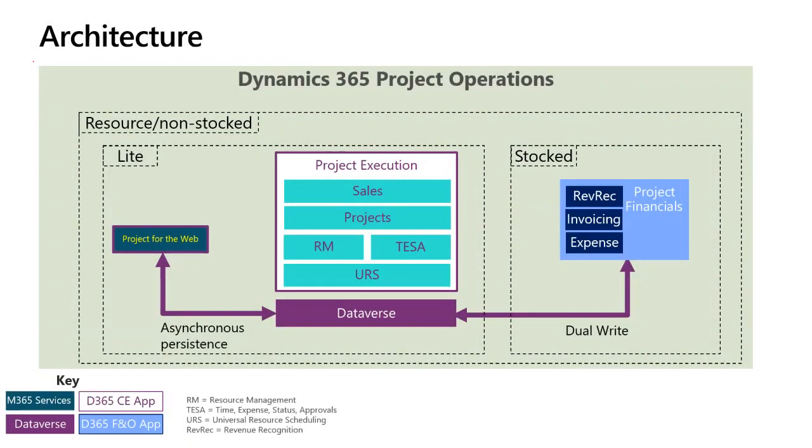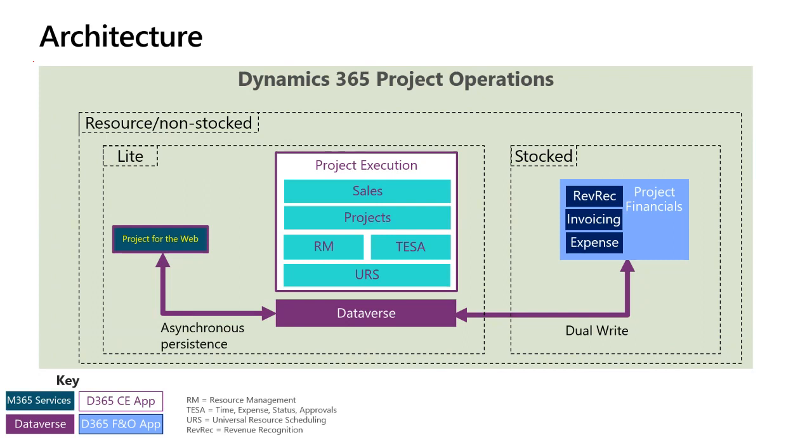You're probably quite familiar already with this diagram that shows the three deployment types as well as the components that are part of each one. As mentioned in the beginning, we won't be going into details, but it is worth reminding everyone that the light version of project operations makes use of Dataverse only and wraps up the Project for the web engine for schedule management.